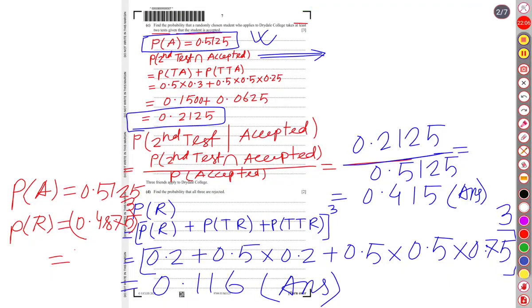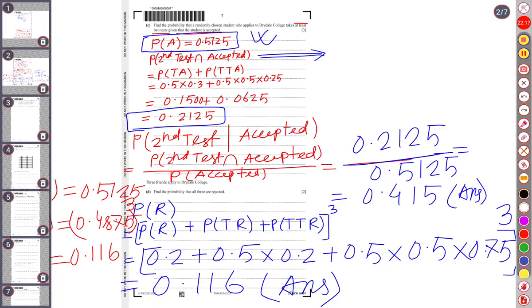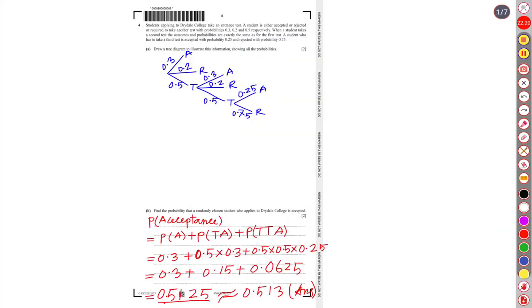It is going to be 0.116. So these are the two ways you can apply to solve the final question. That's all about the solution to all of the parts of this question.